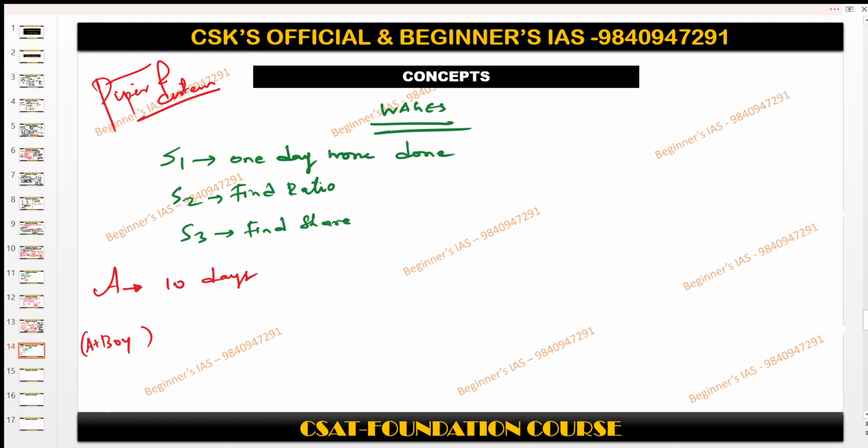A man plus boy can do the work in 6 days. If they are getting rupees 500 for the work, what is the share of the boy? So you people try with the steps provided here.